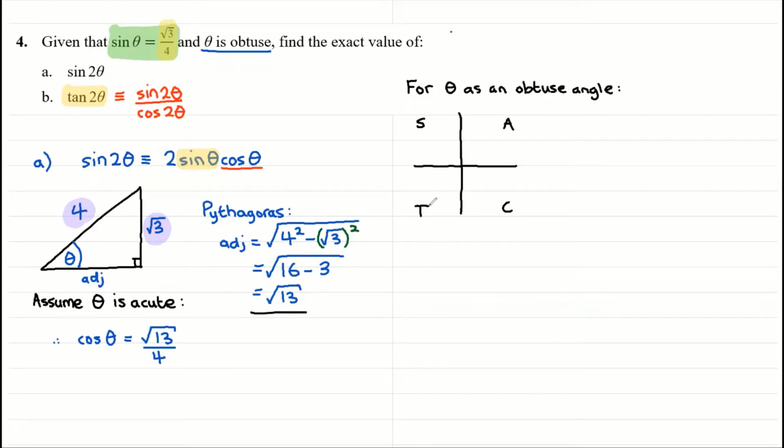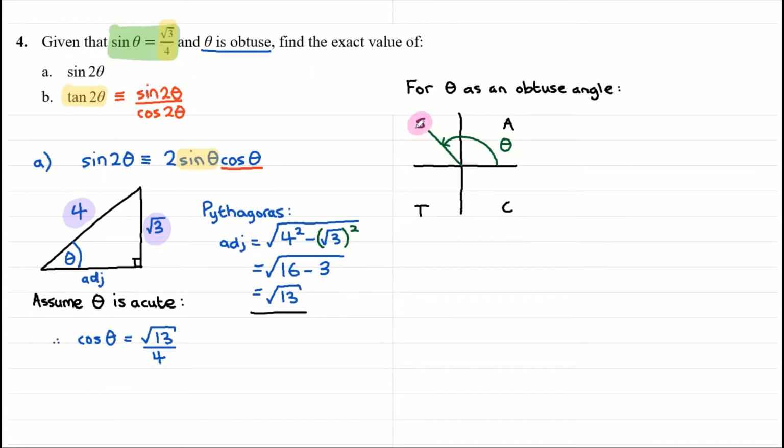Okay, so it's an obtuse angle. Sine is obviously positive for obtuse angles, but we want the cosine. Now, the cosine is obviously going to be negative here if theta is an obtuse angle. Only the sine of the angle is positive for obtuse angles.